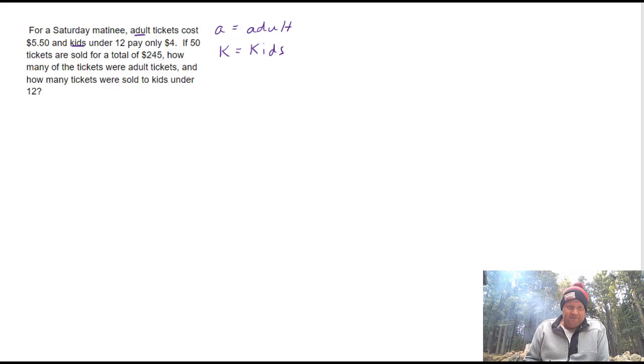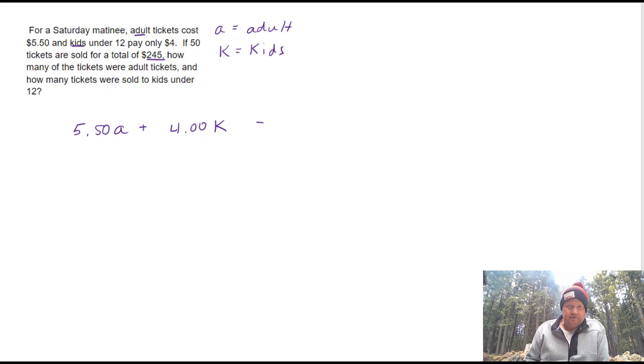Adult tickets are $5.50 and kids are $4. So that means I'm going to have $5.50 times A and $4 times K, right? A kid's ticket is only $4. And since I have all the decimals on the adult, I'm going to keep the decimals on the kids.